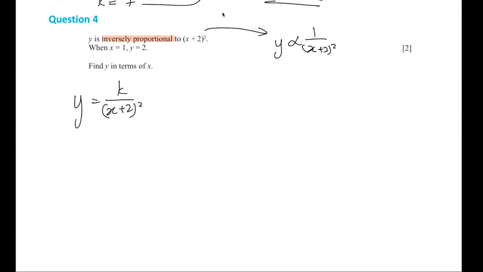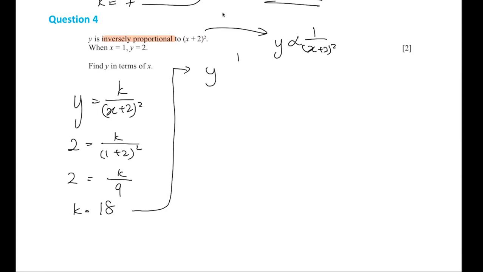X equals 1 and Y equals 2 when X equals 1. 2 plus 1 is 3, 3 squared is 9, K is equal to 18. Okay, that's it, because this is where the question ends. Write Y in terms of X. So just let it be like that. This is the answer.